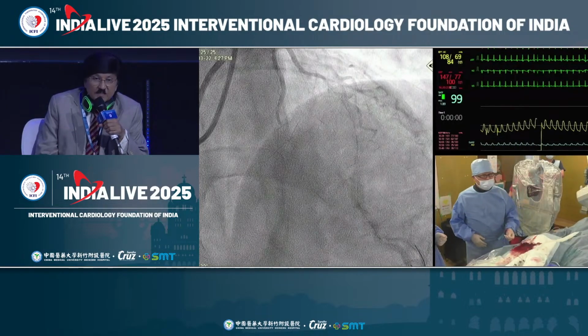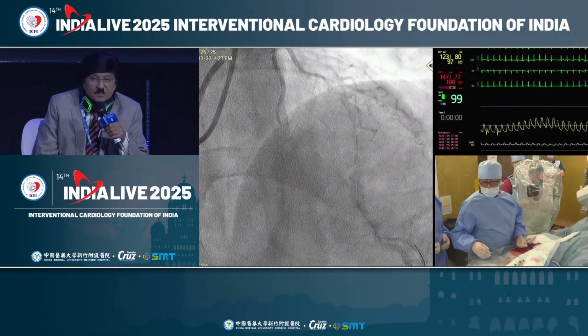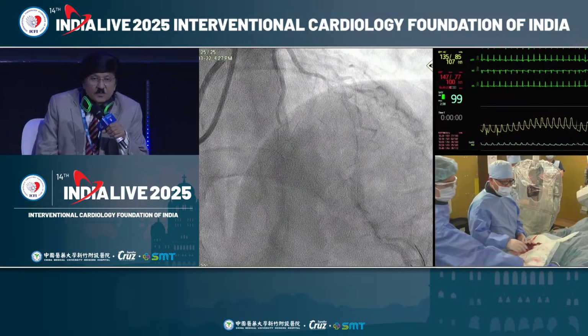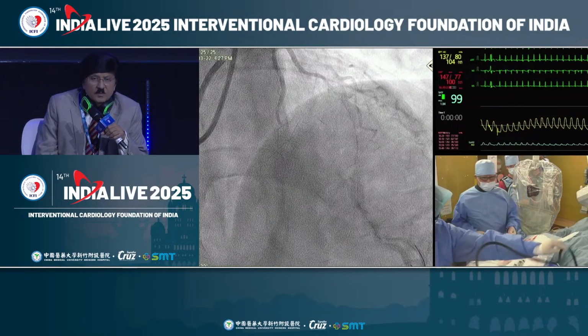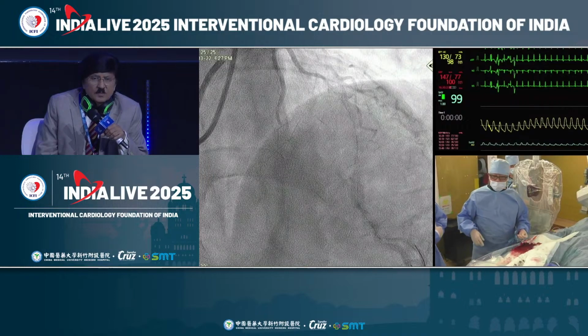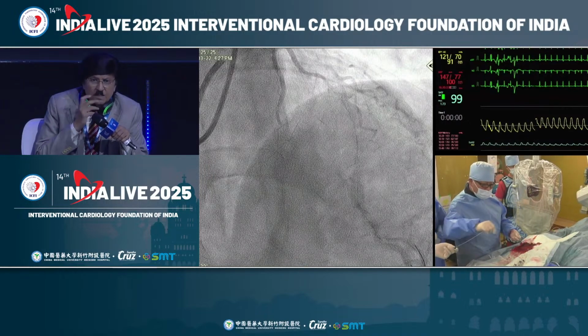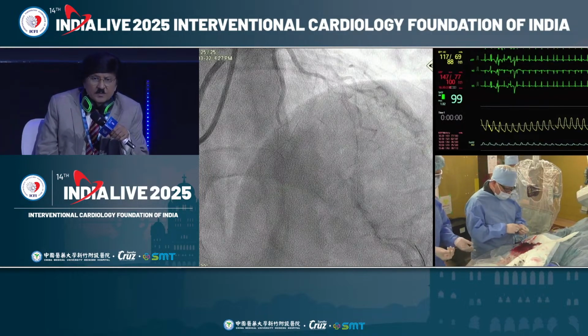So, of course, more than 10 years ago, I recommended the slow speed rotablation instead of the polishing run. But currently, a little bit change. Because 10 years ago, I said that 100 to 120 is better.